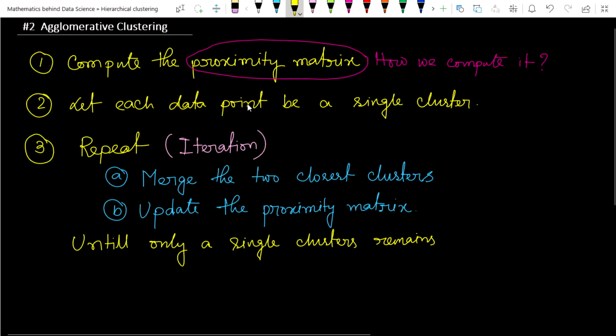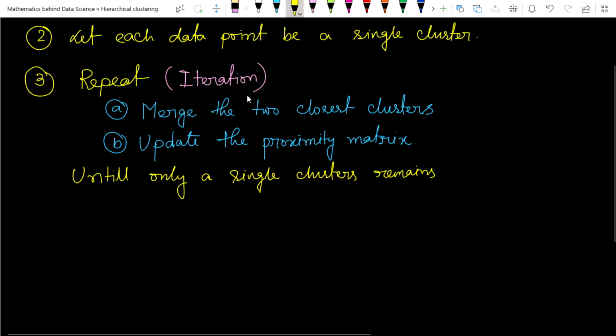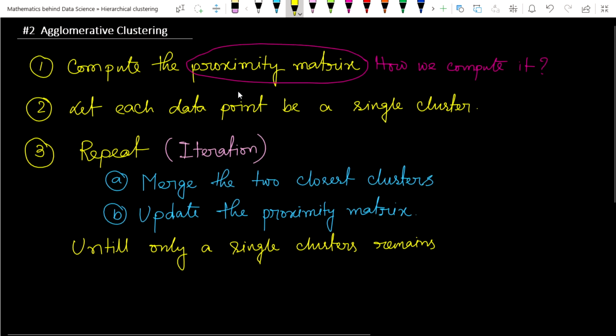Okay, now let's try to understand how to compute this proximity matrix. The key operation to compute the proximity matrix is the distance between two clusters. That's the main key idea to compute the proximity.